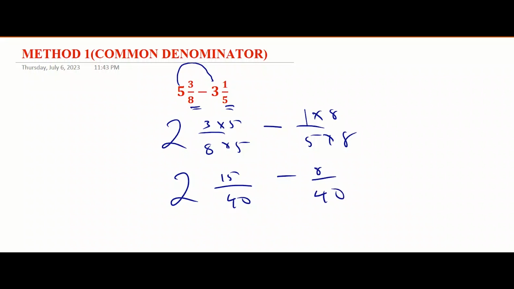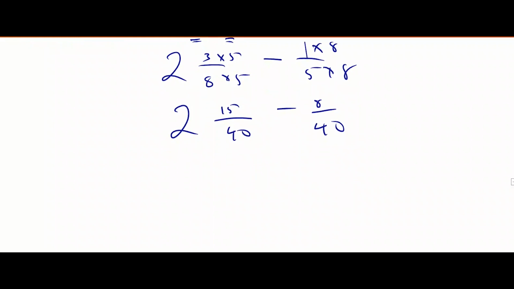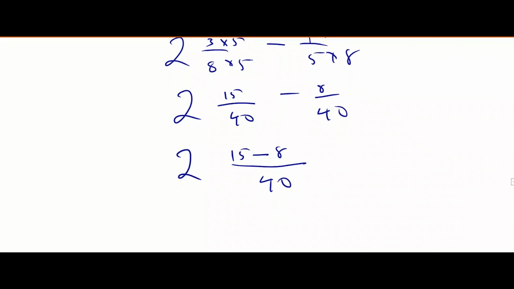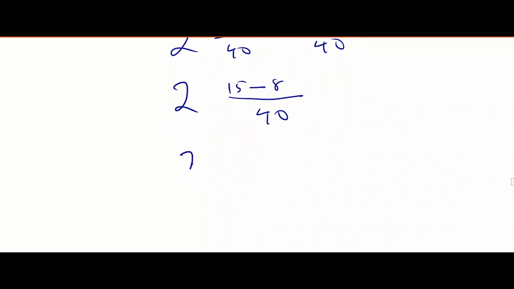Since the two fractions have common denominator, we can directly subtract the numerators. So that will be 15 subtract 8 out of 40. Then we'll have 2 whole number, 7 out of 40. So that will be the solution.